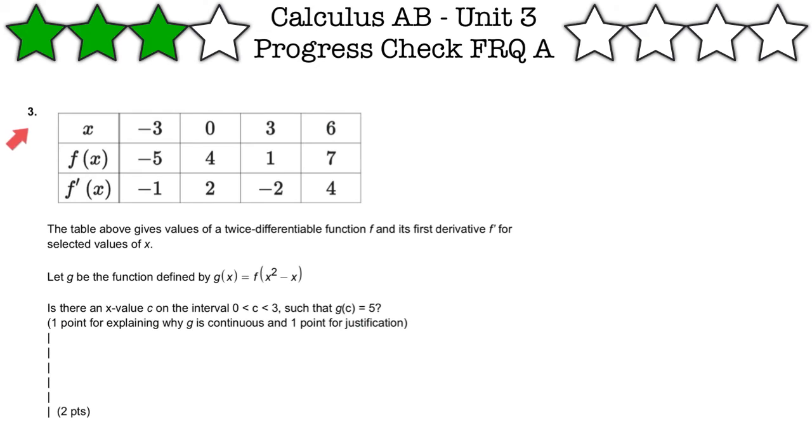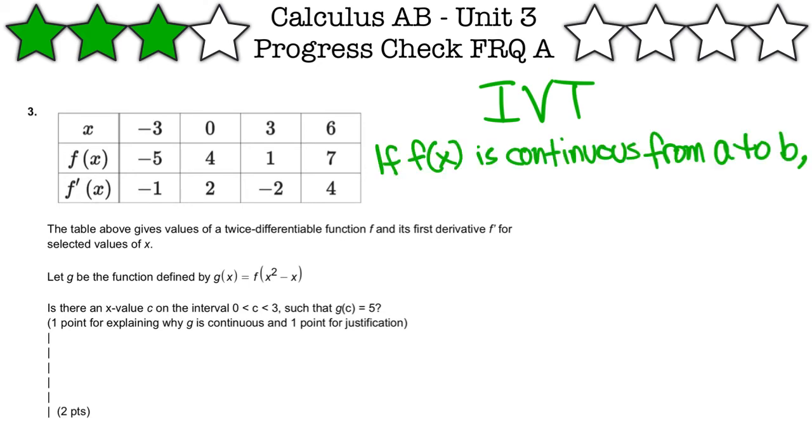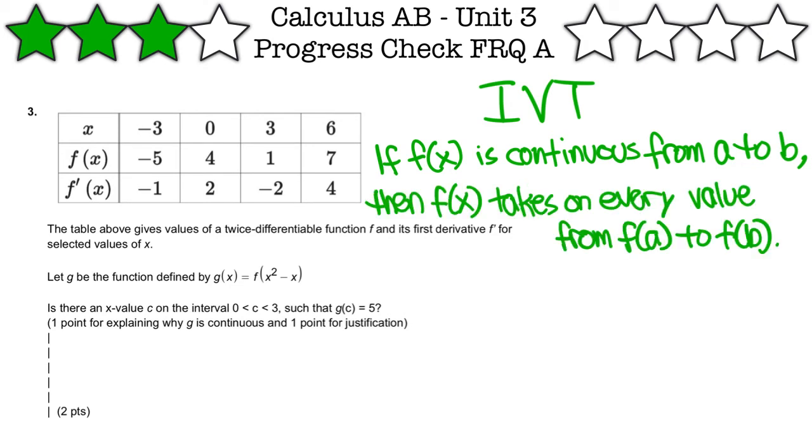Part 3 of this question is an intermediate value theorem problem. Is there an x value, c, on the interval 0 to 3 such that g of c is 5? Notice 1 point for explaining why g is continuous and 1 point for the justification. The intermediate value theorem says that if a function is continuous from a to b, then that function takes on every value from f of a to f of b.